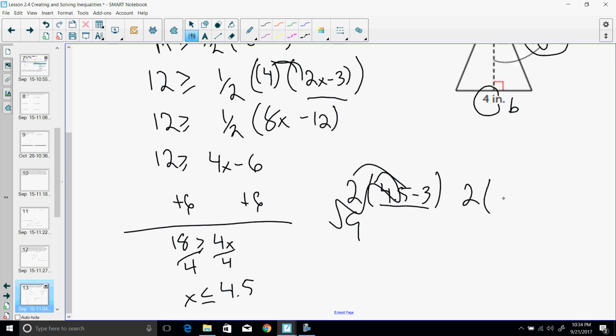So 2 times the 4.5 minus 3 is going to be 1.5, and 2 times 1.5 is 3. Well, there's something not right there. What am I missing? Oh, no. 4.5. 2 times 4.5.